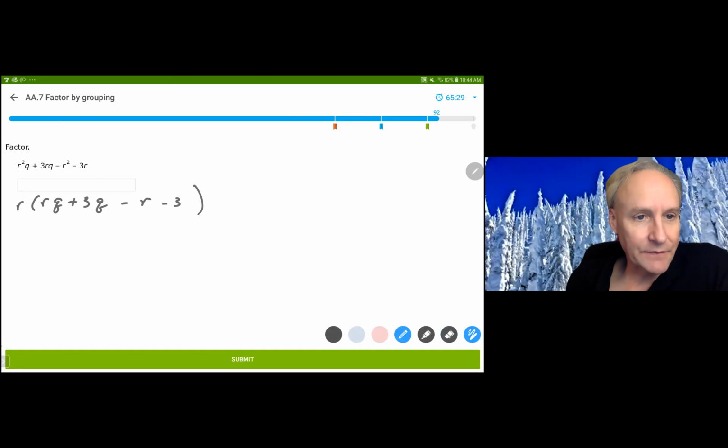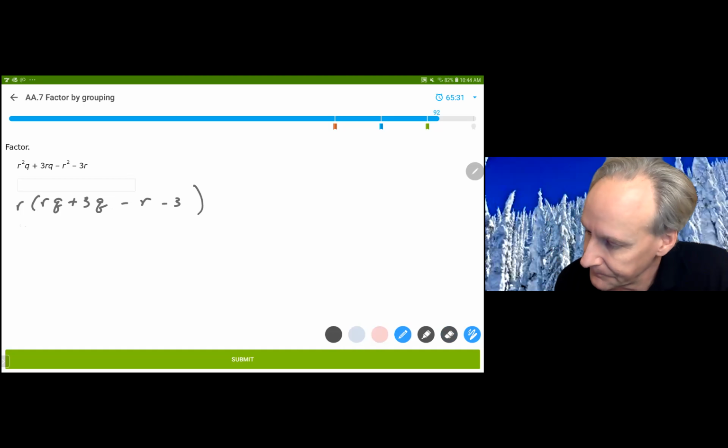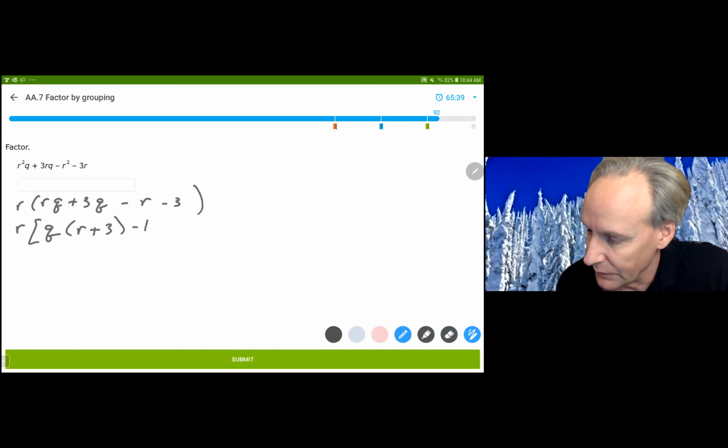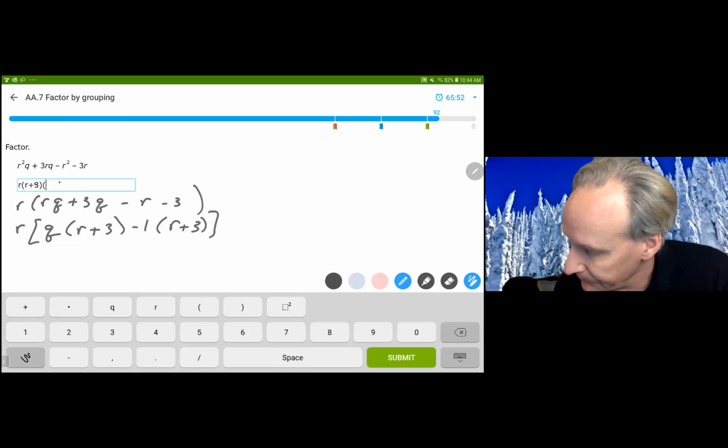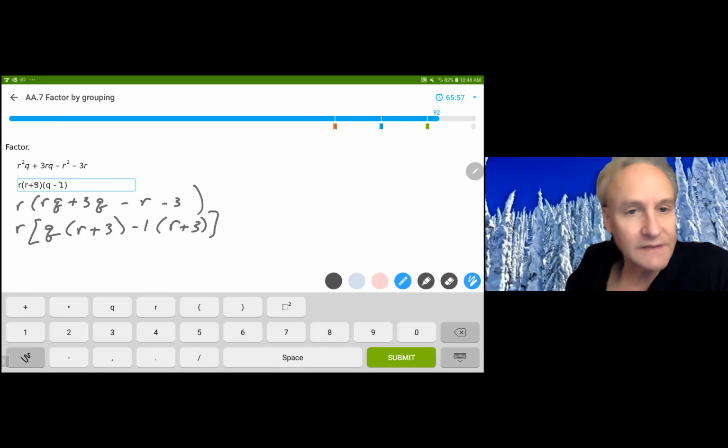So now I'm going to take out the q. And I have an r plus 3. And I'm going to take out the minus 1, and I'll have an r plus 3. And I am not going to rewrite this. I'm going to type the r plus 3. And then I'm going to have the q minus 1. And that's it. We're done.